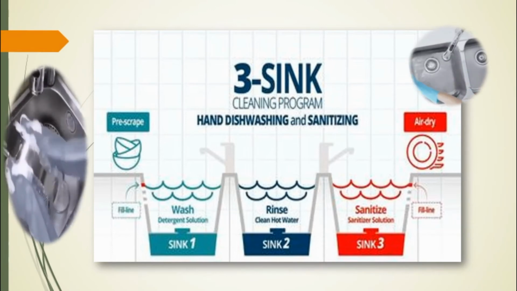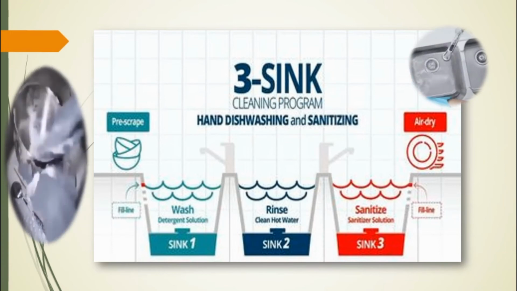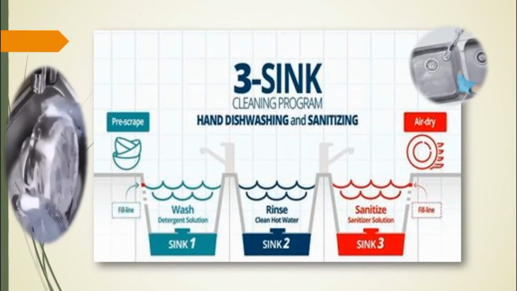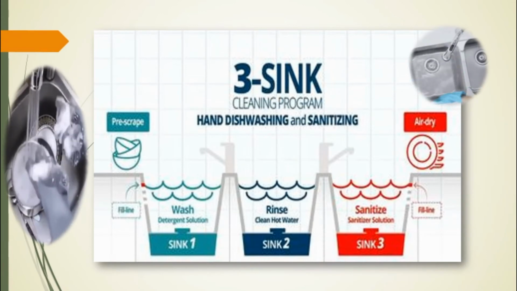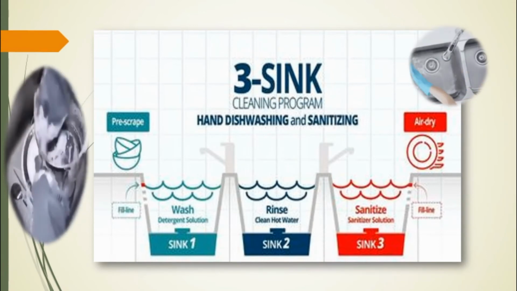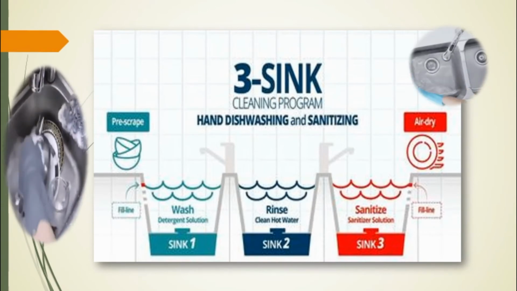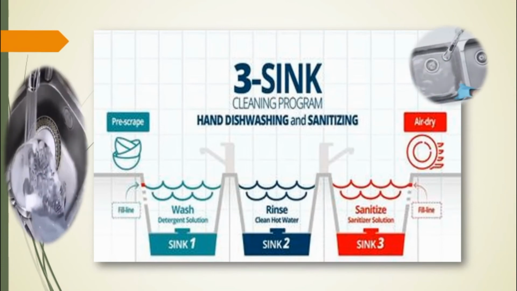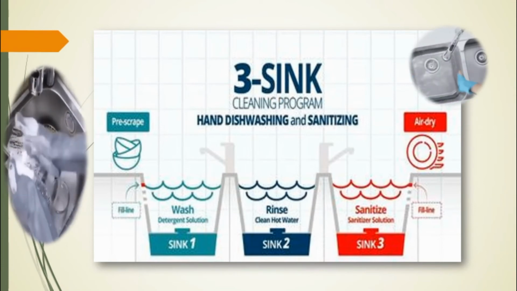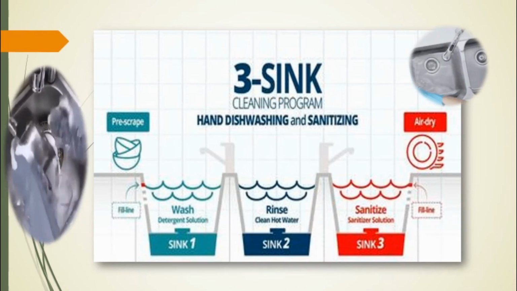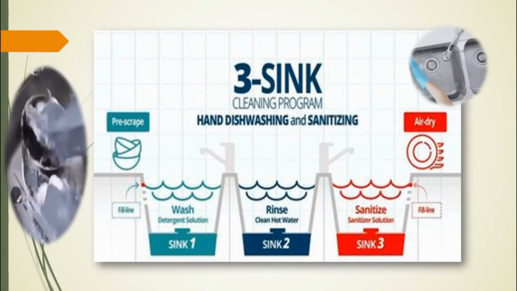Rinse: this is the final washing step. It removes any dissolved substances or detergent residue remaining on the surface, which could decrease the effectiveness of the sanitizing solution. Sanitize: this step makes sure all surfaces are entirely free of bacteria and biofilms.